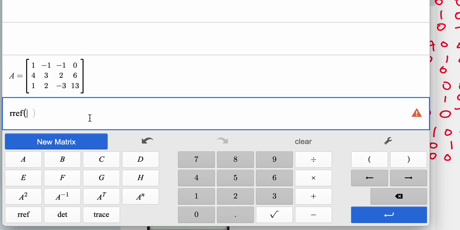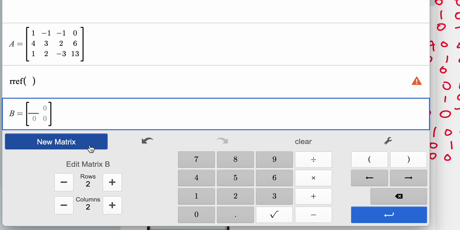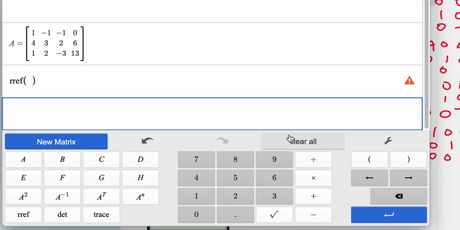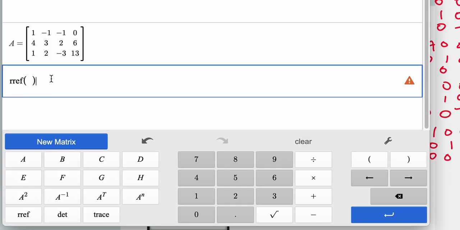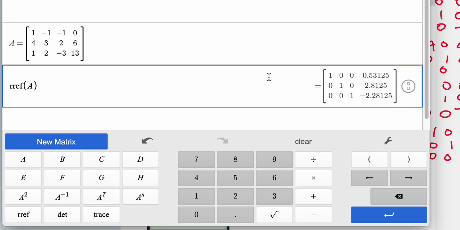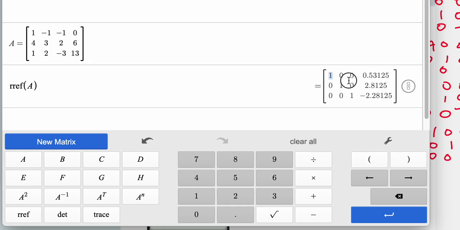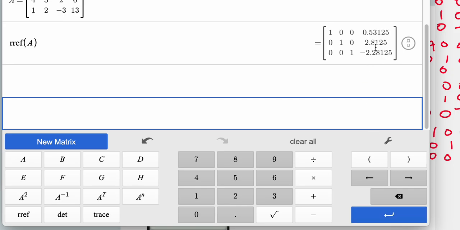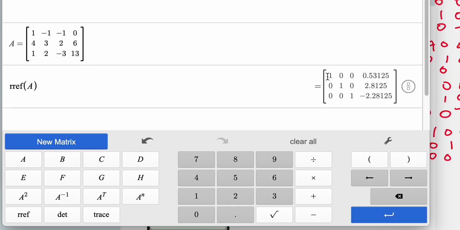And then you will get the reduced row echelon form of A, right? And then you will see the answer here, right? So it already solves it in less than a second, right? x is 0.5313, so it's about 0.5.